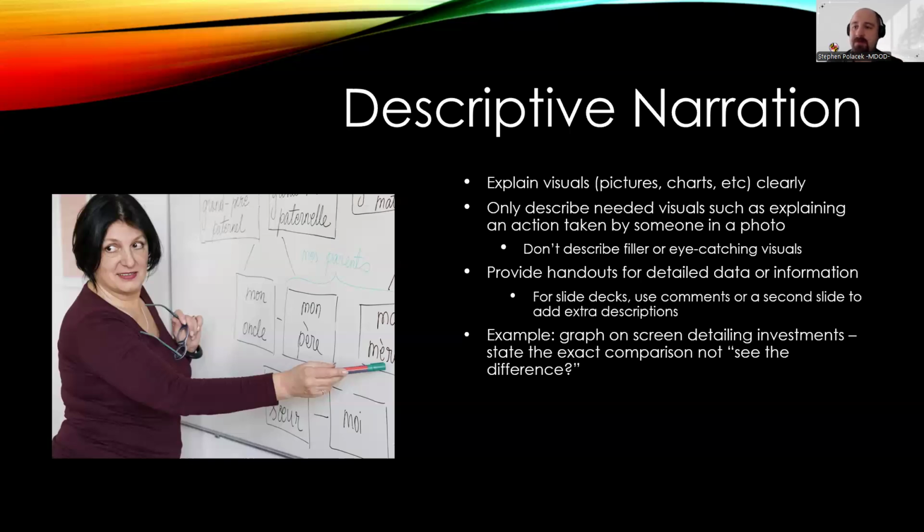If you have anything complex on your slide deck, like a table or a chart, make sure to provide those handouts, especially ahead of time. Those kinds of information, the only way to make them fully accessible is to give users access to them directly. When you're presenting them, again, you don't want to bog down your presentation, so only point out the very important data points, but don't just say, look here at this point.